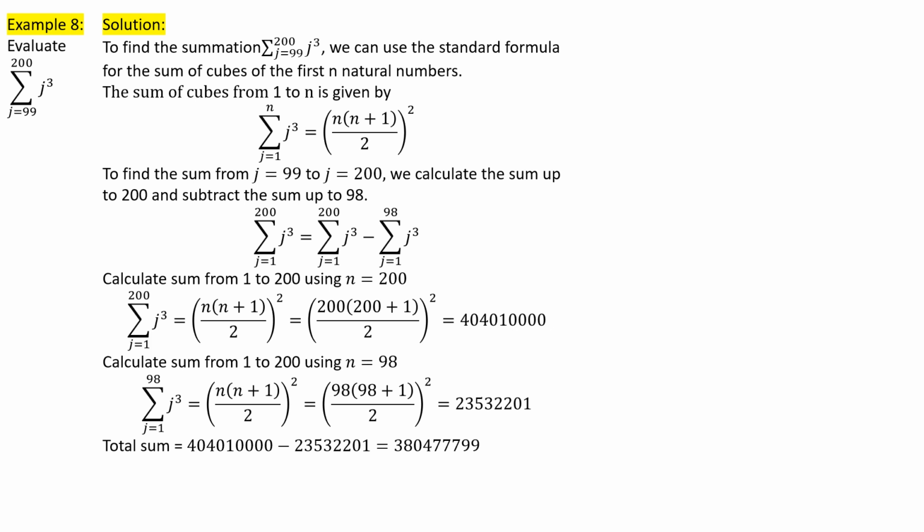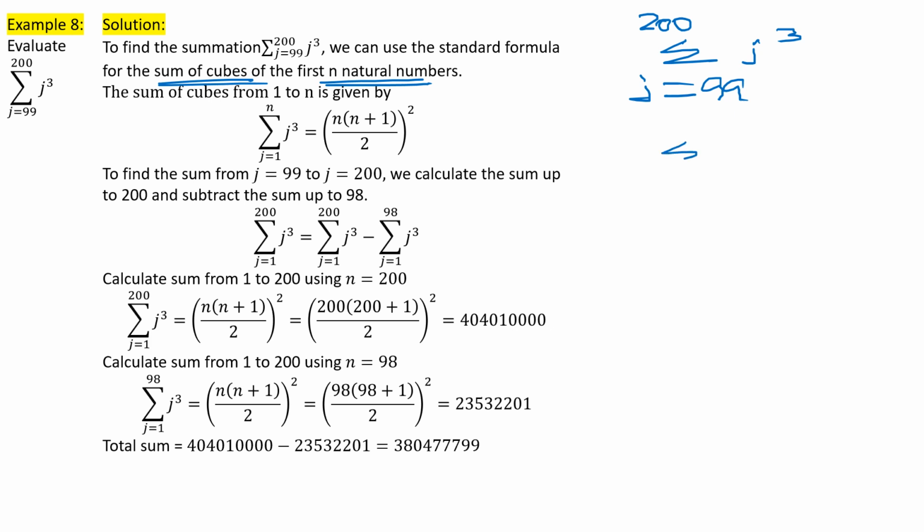Next question, we have been given summation j starting from 99 to 200, but here we have j to the power 3. So this is nothing but the sum of cubes of the first n natural numbers. So you have to remember another formula.